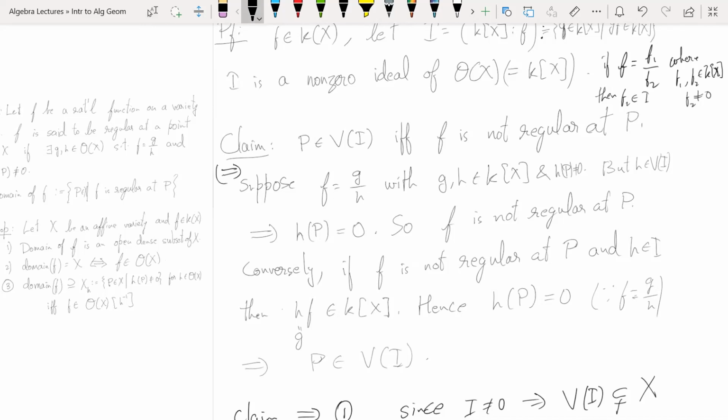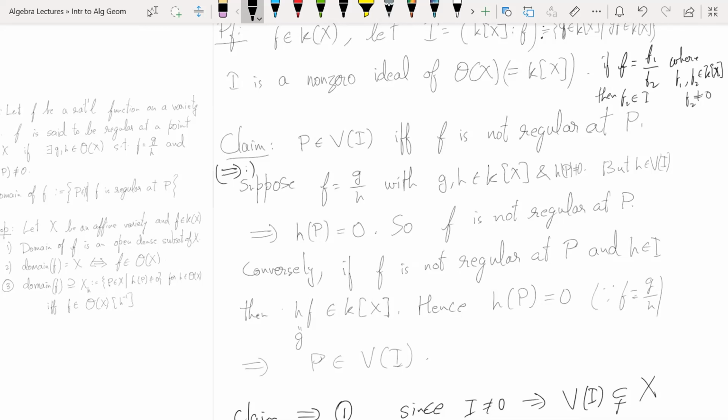So forward direction: suppose P belongs to V(I). We want to show that f is not regular at P. So assume f is regular at P, and we'll get some contradiction. Suppose f is g over h with g, h regular functions on X, and h(P) is non-zero.